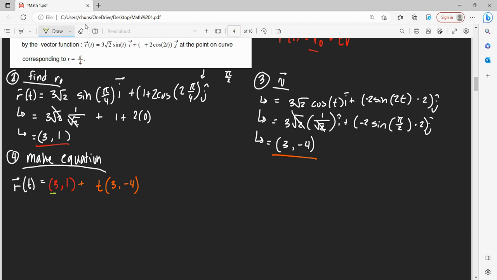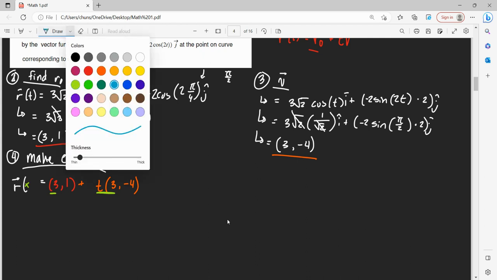So what do we mean with that? So we are going to be taking just these parts and making it equal to our r(t). So you can think of r(t) as having both an x part and a y part.